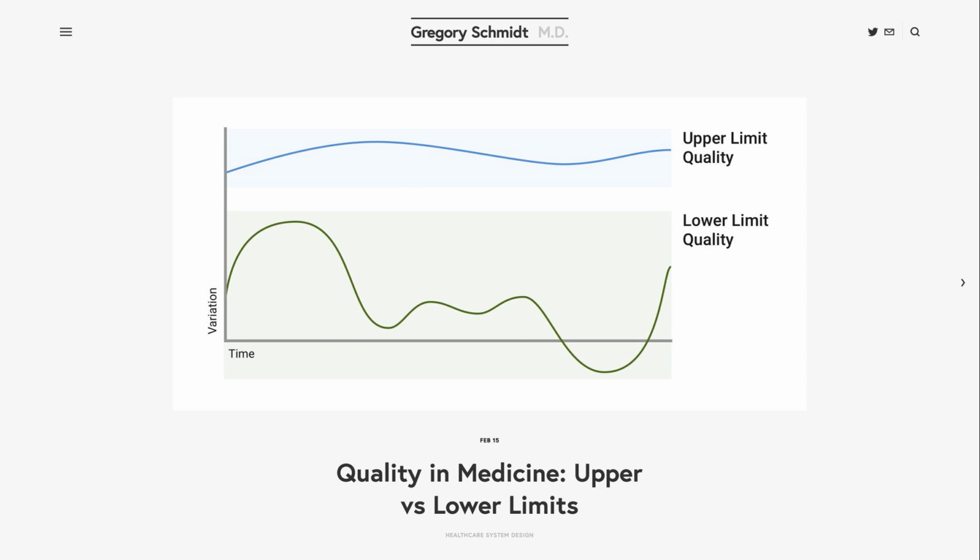So let's look at some examples very quickly here on potential ways which you could use fictitious data to help evaluate the lower limit, the day-to-day variation in the quality of medicine, the actual real quality of medicine provided when the system doesn't know it's being observed. Well, one of the big ones which comes to mind looking at other industries is that of mystery shoppers.